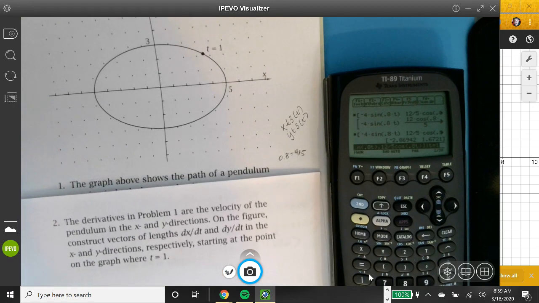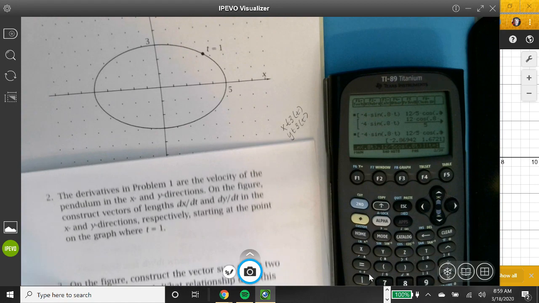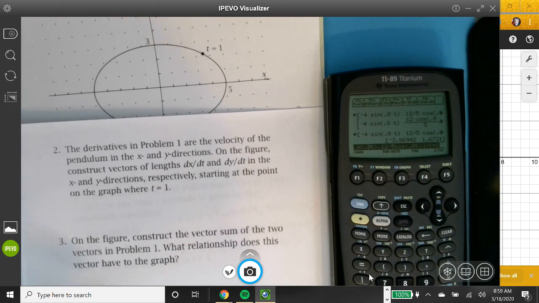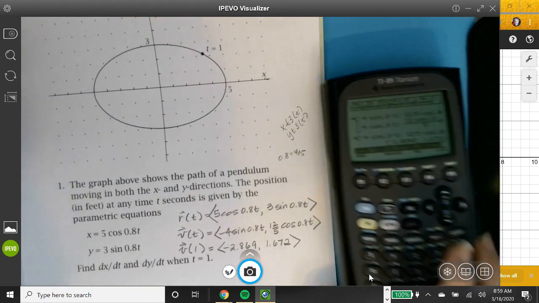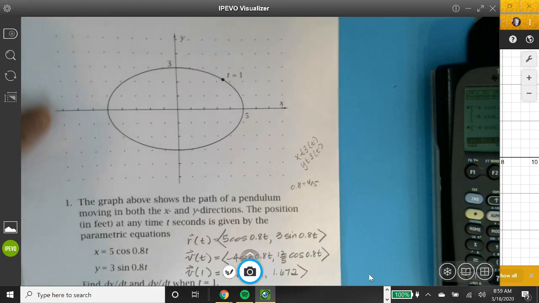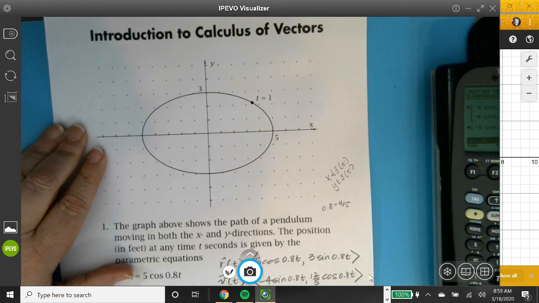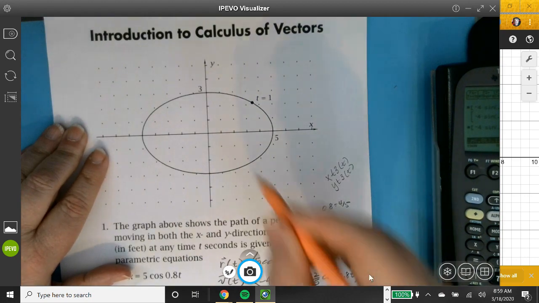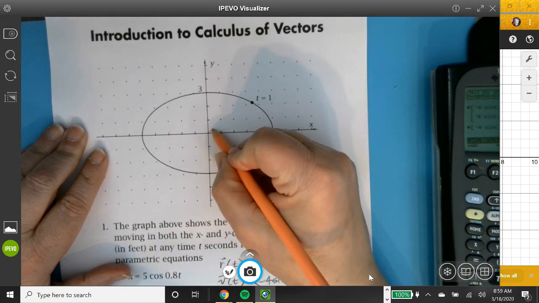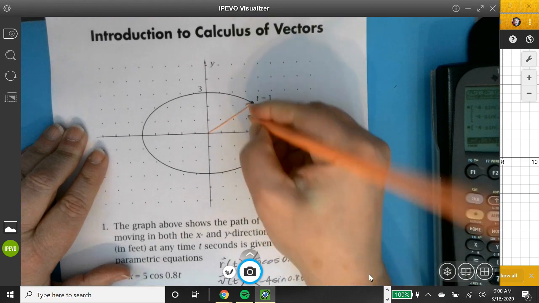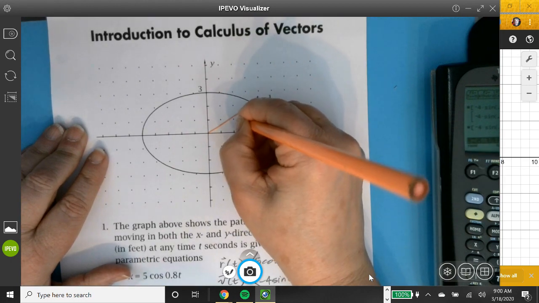Okay, and then I'm going to do part 3 at the same time here, which is to draw the position vector. The position vector at t equals 1 is pointing to where we're standing at t equals 1, and that's where the pendulum is at t equals 1. So this right here is r of 1.